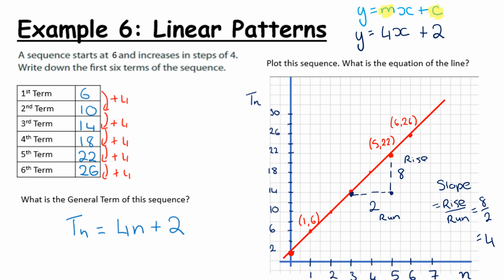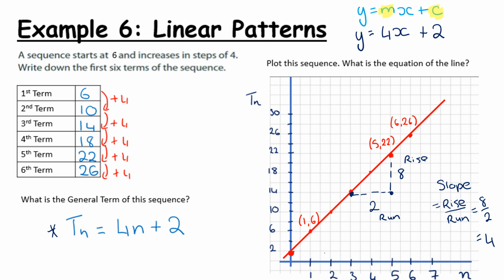And this should look somewhat familiar because if we go back to the first part of this question, we worked out that Tn equaled 4n plus 2. So when we talk about a linear pattern or a linear sequence, we're saying that this pattern or sequence can be plotted. When it's plotted, it will be linear, it will draw a line, and that common difference, that plus 4, actually represents the slope.